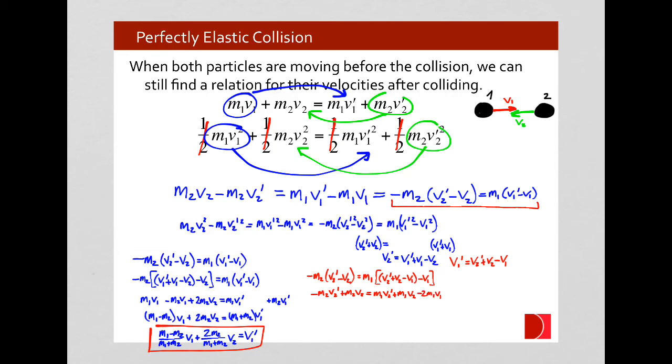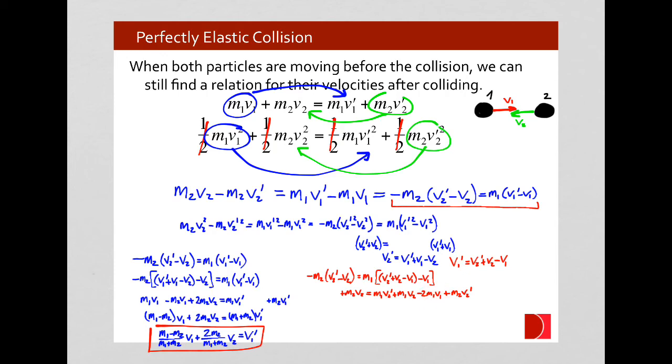Again we wish to group our terms. We have a v2 prime here and a v2 prime there. We will move this term over. It's negative here, so we'll add it to the other side. If we add it over here, it will cancel out, and we can get rid of that. We also need to, now that we've grouped all of our v2 primes on this side, get rid of everything that is not a v2 prime.